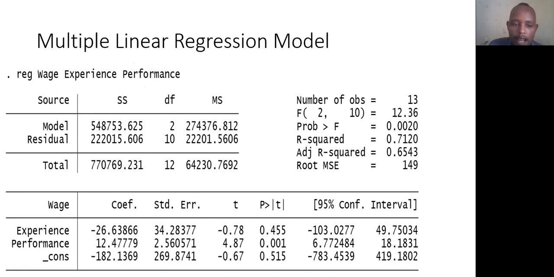It has an influence on variation of wage. When we come to experience, still it is not significant. Experience has no effect on level of wage at 5% level of significance.